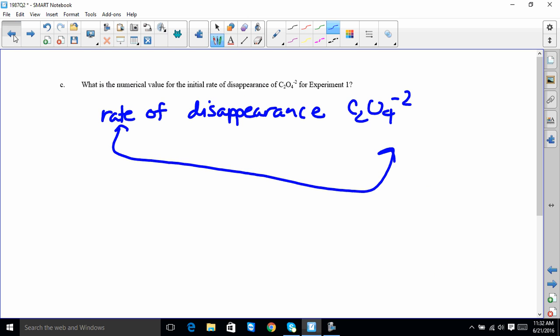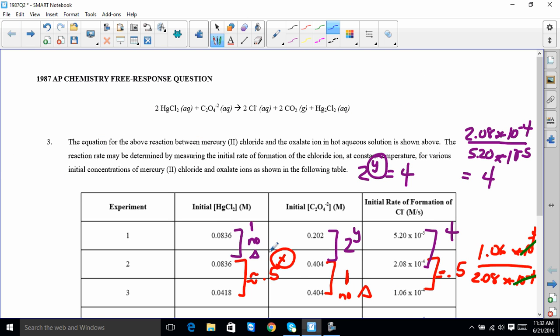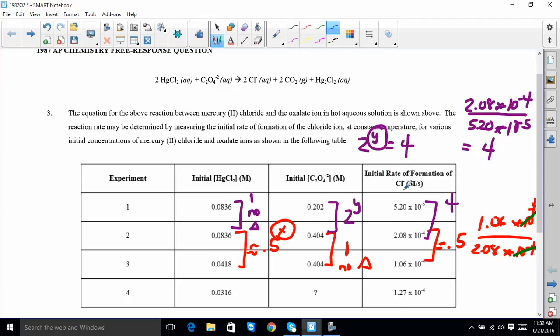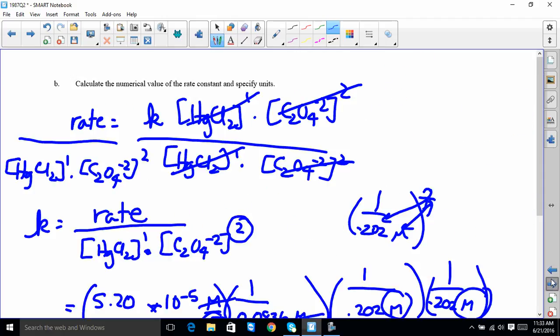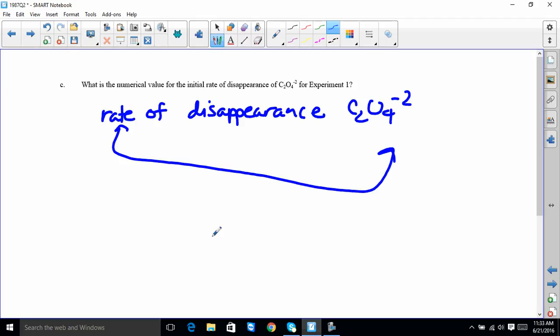If we go back to the beginning slide, you only know the rate of the appearance of this, and you know the concentration. Now you have to understand that concentration and rate are not the same thing. This is a very easy problem if you remember that the rates are connected by the stoichiometry.